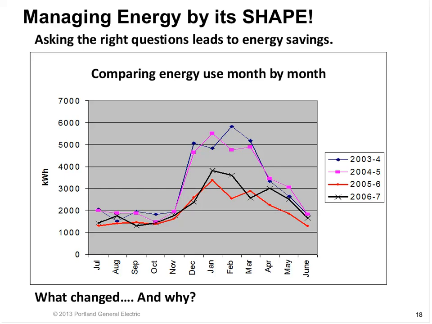I've got 2 winters here that are high bills and 2 winters that are lower bills. And the difference between these two pair of lines was that a major equipment change happened.